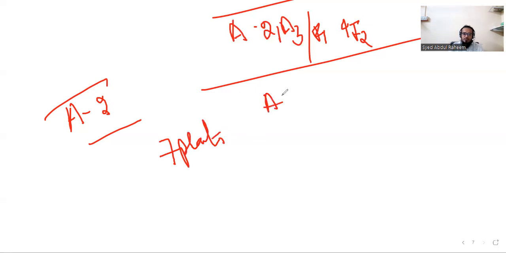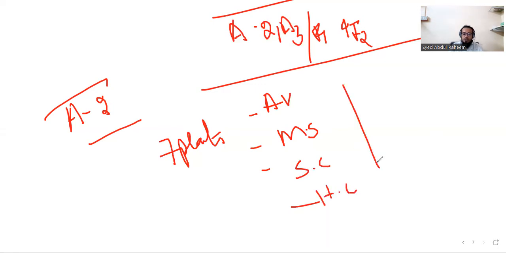Avena sativa, and Malva sylvestris, second plant, and the third plant is Sanguinaria canadensis, and Hydrastis canadensis. Okay, and Aesculus hippocastanum. This is also a remedy of A2.